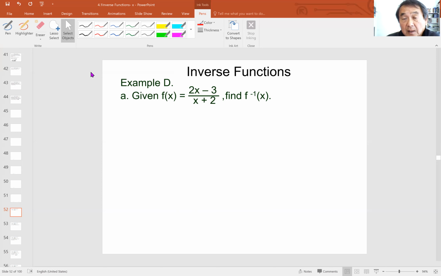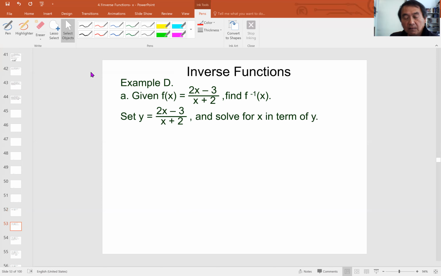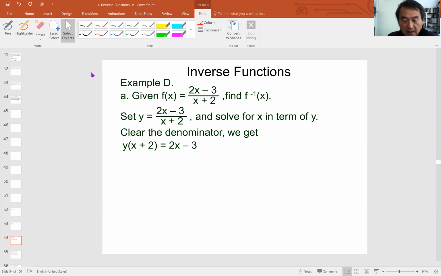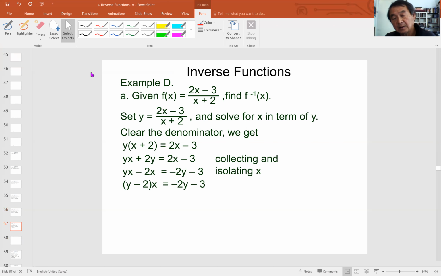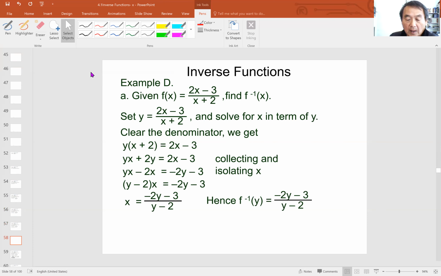And this one is really a review of some complex fractions, so it's practice with fractions. First we solve for x. Remember, if I tell you y is 7, then what do you do? I solve for x, get all the x on one side, factor the x out, and then divide by the coefficient of x. So this is the inverse function.